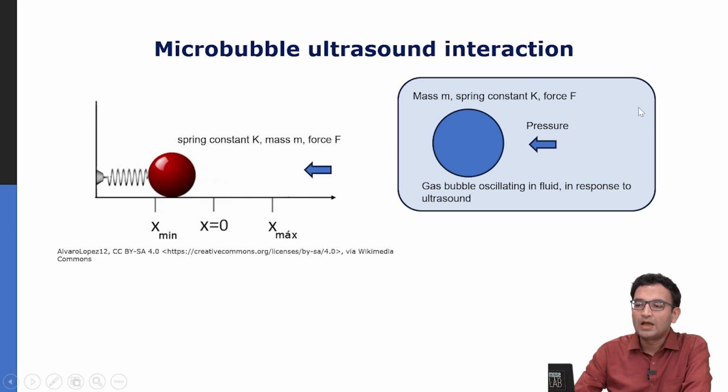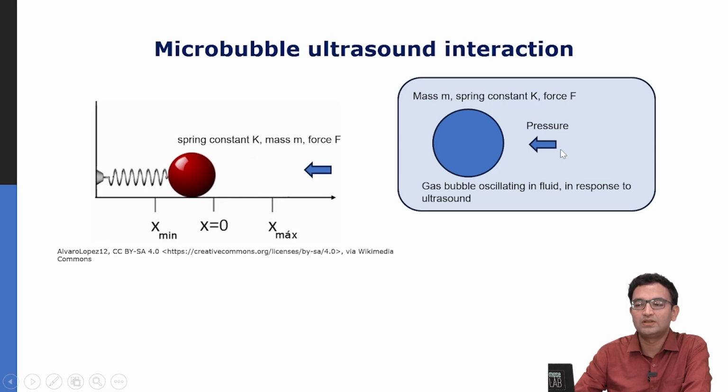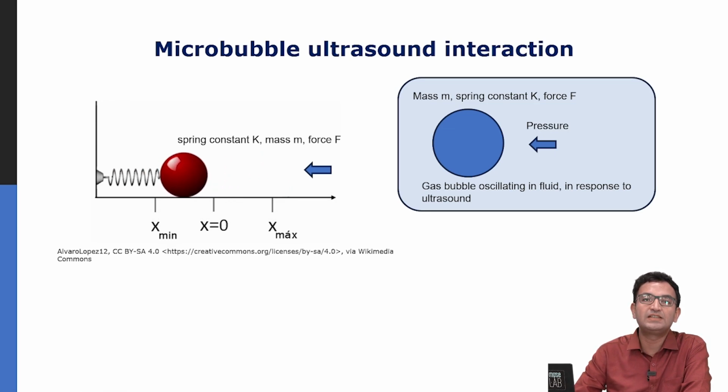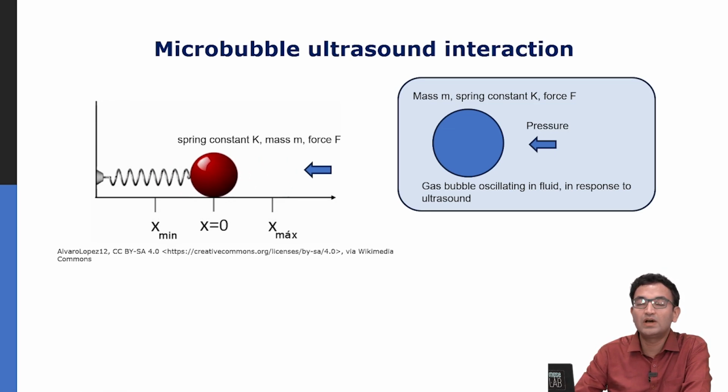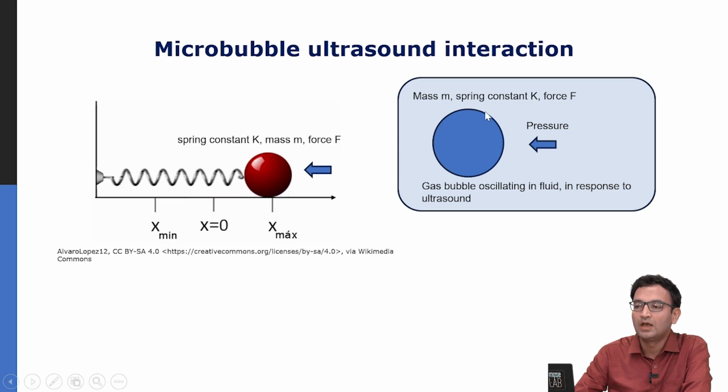Now consider a bubble which is oscillating under applied external pressure, which is coming from ultrasound in this case. The bubble is oscillating in some kind of liquid media. As it is oscillating, it is displacing the liquid, so it is doing work against that mass, right? So it is analogous to the mass in the spring mass model.